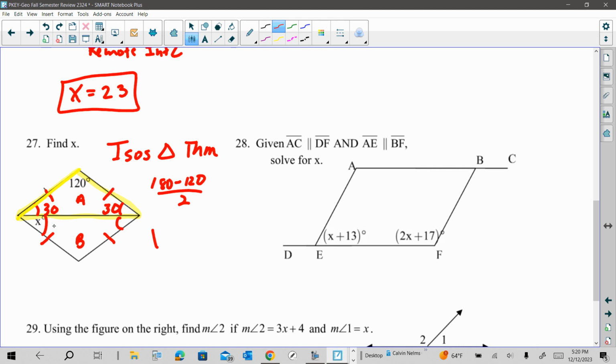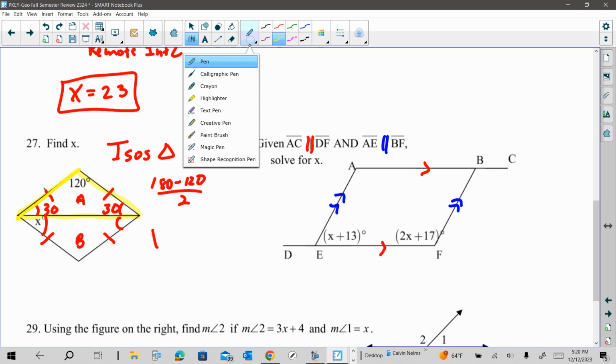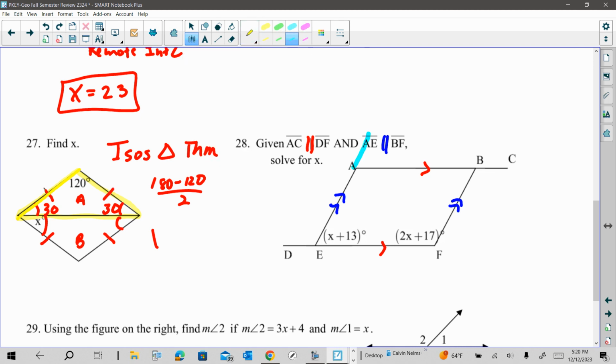On 28, we're using the fact that we have these parallel lines, AC and DF are parallel. And we also have AE, so I'm going to do a double arrow, and BF are parallel. If I just focus on these parallel lines here, because I'm solving for x, then this is the transversal.